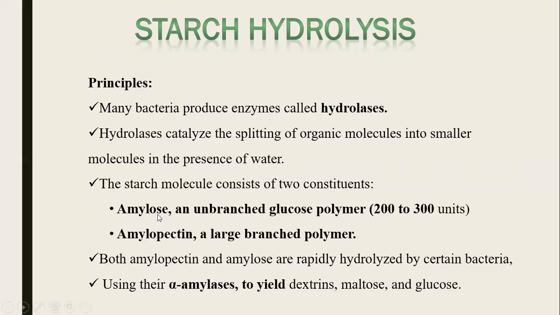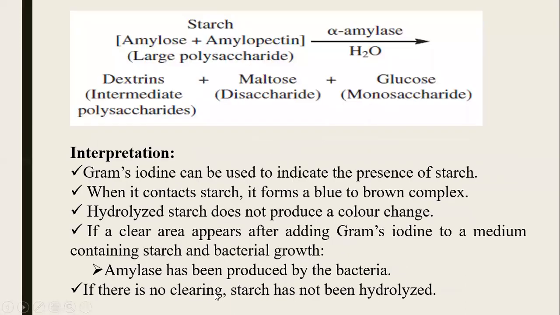Starch contains two constituents, amylose and amylopectin, and both are rapidly hydrolyzed by certain types of bacteria using their alpha amylases to yield dextrin, maltose and glucose.